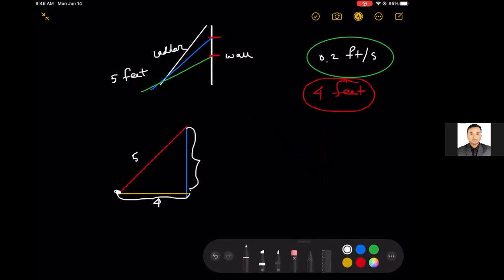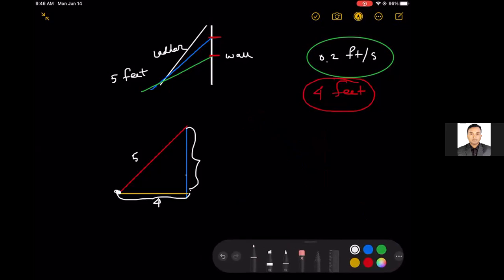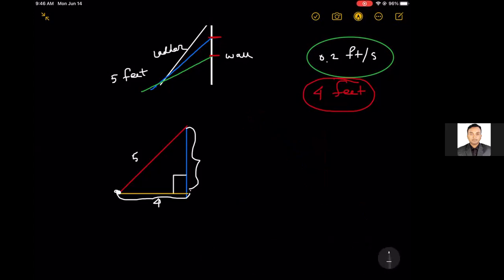All right. Now, since it looks like a right triangle, and we know the value of these two sides, I can actually use the Pythagorean theorem here, do you agree with that?